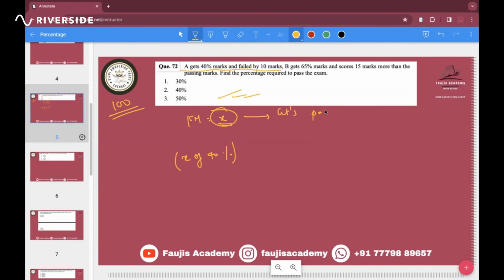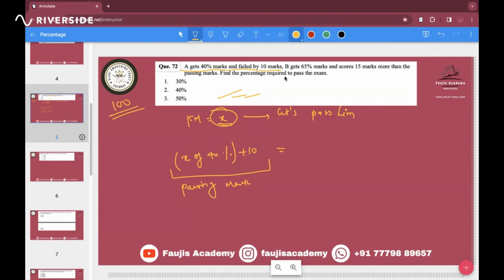Let's pass this chap. So in order to pass him, he would have to get 10 more marks. Isn't it? This means this number is your passing marks basically. Isn't it? Yes, sir. This is the left-hand equation.